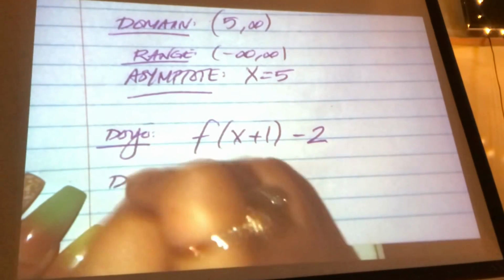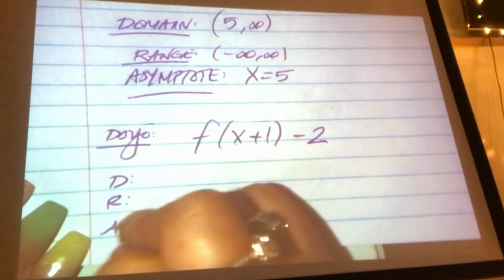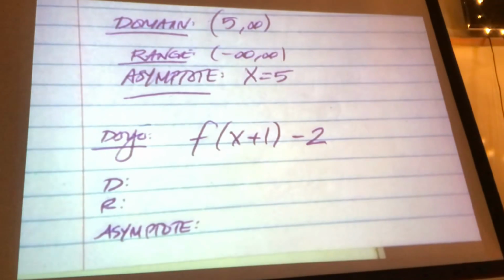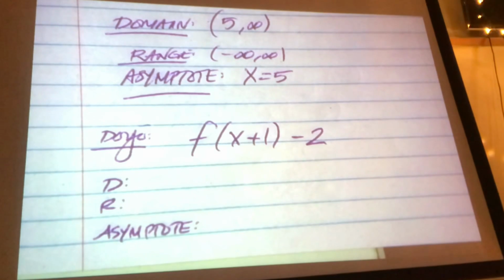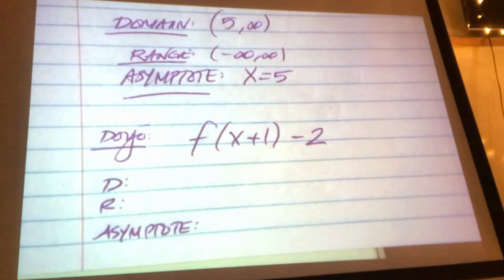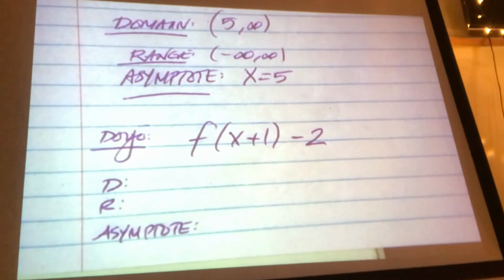Find me the domain, the range, and any asymptotes. Check with your group when you're done.